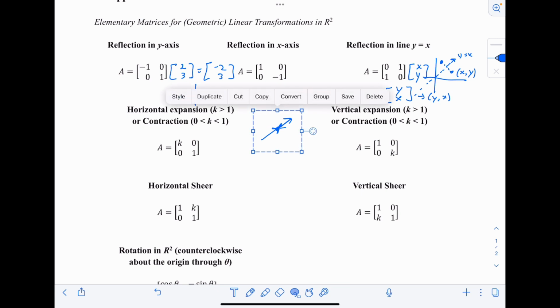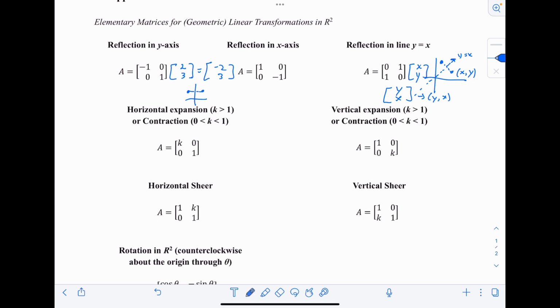In this case, we're talking strictly about just a horizontal or just a vertical expansion or contraction. So pictorially, what that looks like is I have a vector. And if I want to contract that vertically, for example, let's just use the example of 1/2, I would only be concerned with the vertical. So I'd literally contract this by a factor of 1/2, and that would be my new vector.